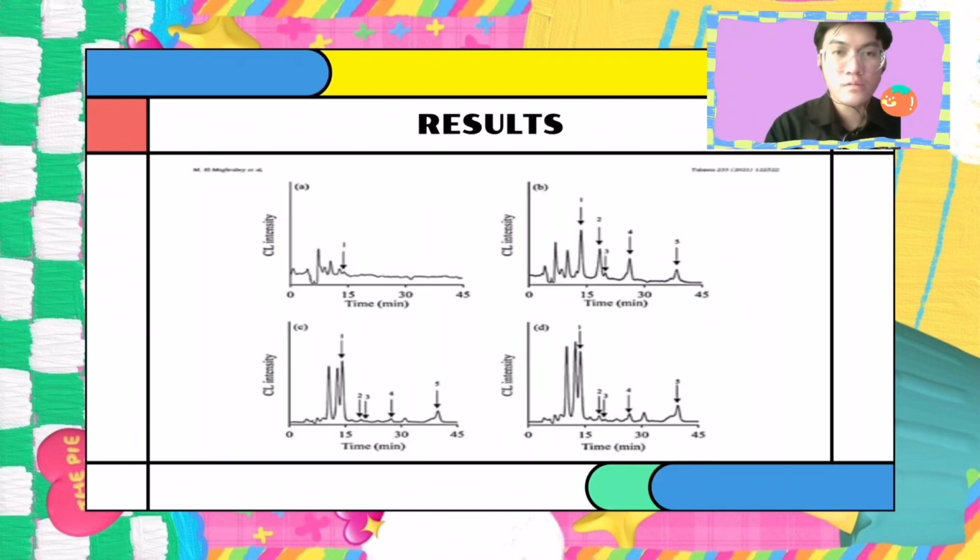For the next results based on the graphs, we wanted to test the reliability of the developed HPLC CL method for DNPH derivatized aldehydes. We intended to apply it for the determination of aldehydes in oil samples.